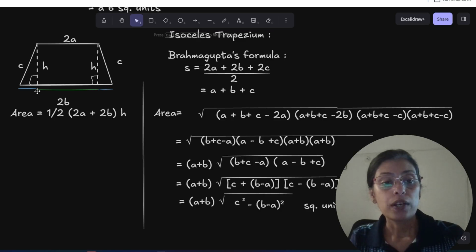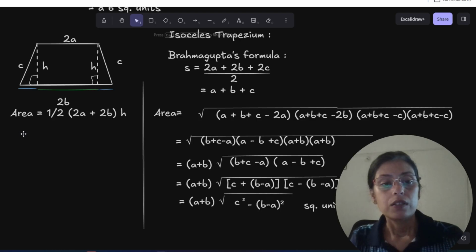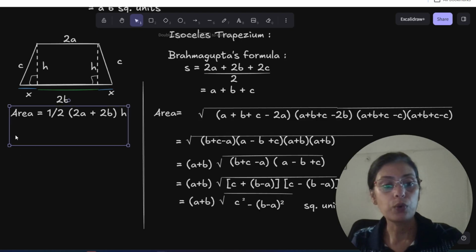Okay, so now this is equal to 2a and this is equal to 2b, which is 2a plus 2 of some value, right? For example, let me assume this is x, and because this is equal to that, this is also x.